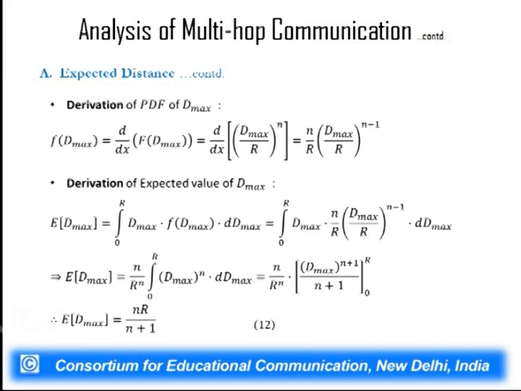Here the range is 0 to R, because we are concerned about the coverage region spanning over R. So this is x multiplied by f of x dx, where x is Dmax. Put Dmax in place of x, with f of Dmax, and differentiate in terms of dDmax. If you do the calculation, you will get nR upon n plus 1. This is equation 12, and this gives the expected distance.